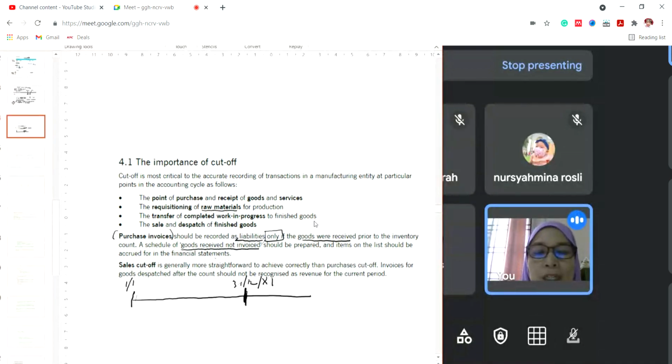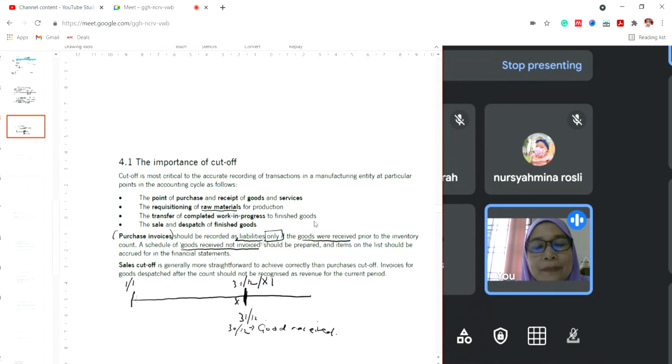So let's say the inventory count is done on 31st December, so dia terima barang di sini. Katalah on the 30th of December, the goods received.